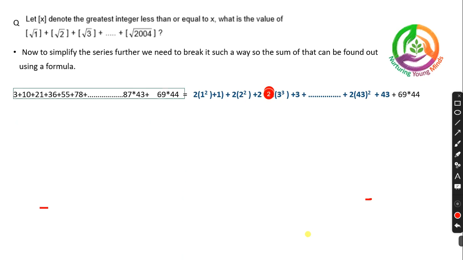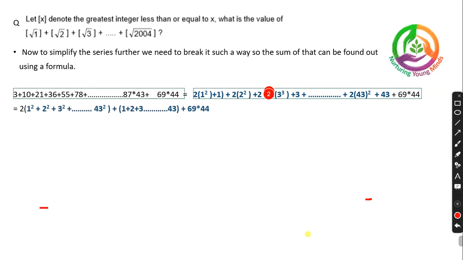Okay, now give a look at these numbers, how it is broken down. If we rearrange, it will be 2 into (1 square plus 2 square plus 3 square plus 4 square dot dot till 43 square) plus (1 plus 2 plus 3 plus 4 plus 5 dot dot till 43) plus 69 into 44. Okay, 69 and 44, as I told you, that's not part of the series, correct? Because all the numbers of 44 are not there in that series, correct?